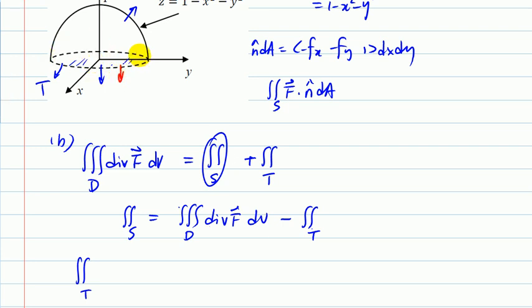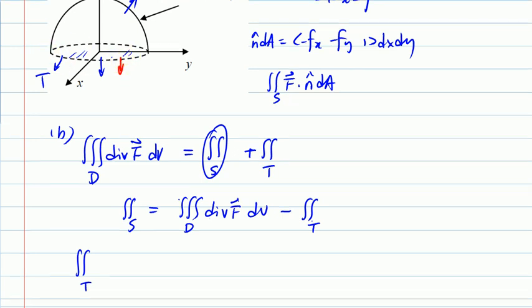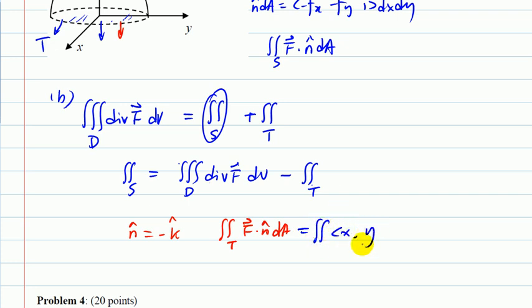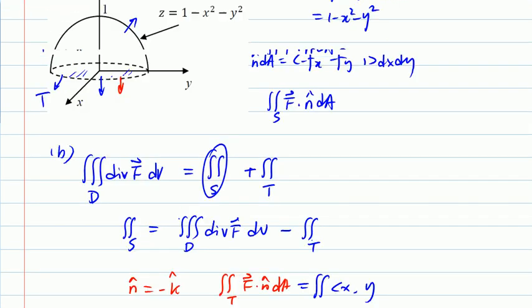Because it's a unit disk in the xy plane, the unit normal direction for the disk is n hat equals negative k hat. So the surface integral for the bottom one, T, of F dot n hat dA. What's the F vector here?